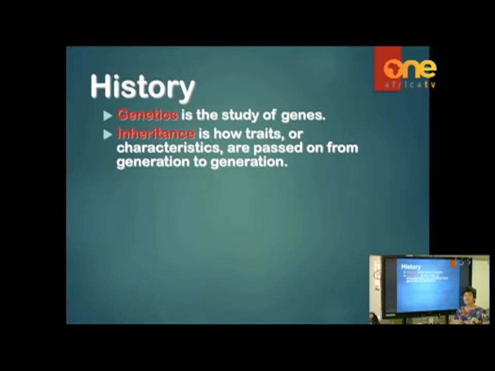How do we inherit my mother's blue eyes? Or how can I make sure, if I'm a farmer, that the good traits or characteristics or quality of my show bull is passed on to the calves that he sired?